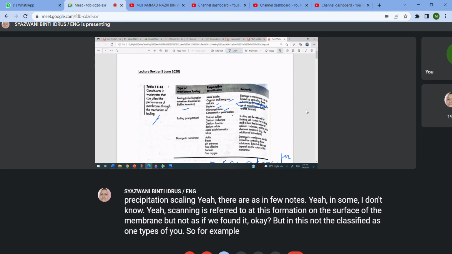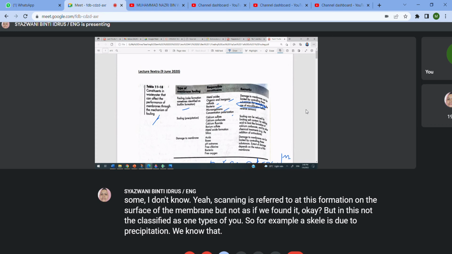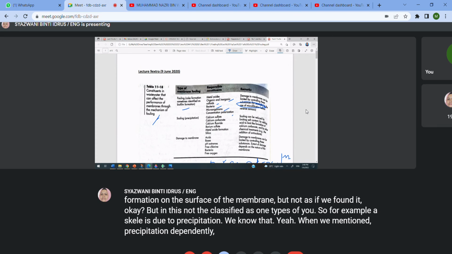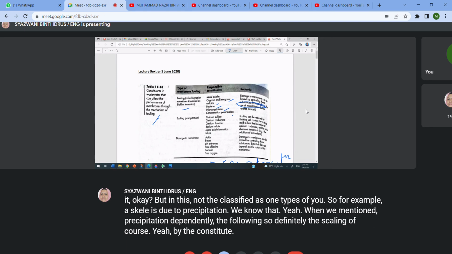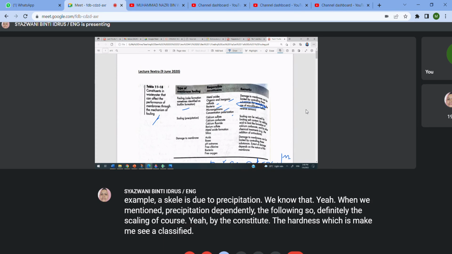So, for example, scaling is due to precipitation. When we mention precipitation, the scaling is caused by the constituents that develop hardness, which are magnesium and calcium, so they are classified within the same group.